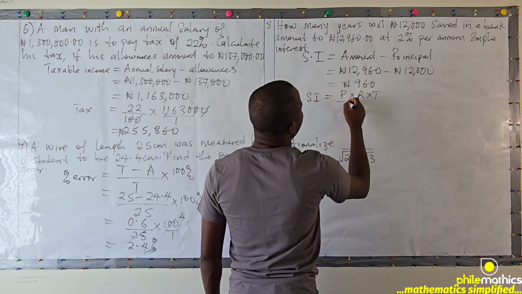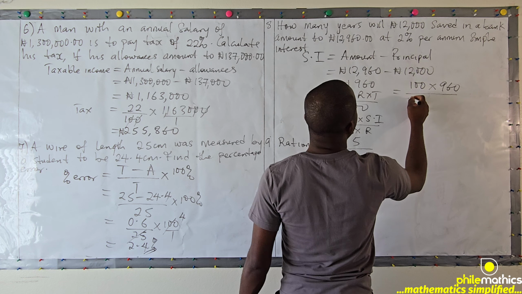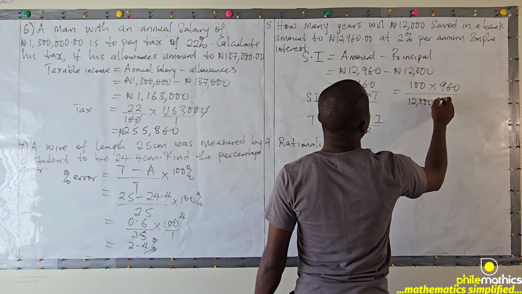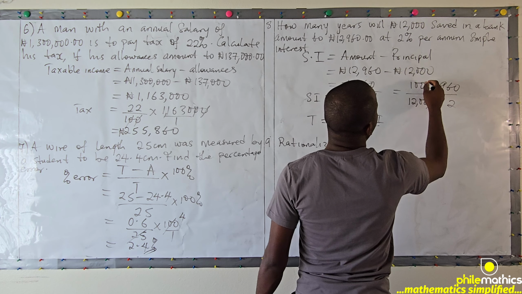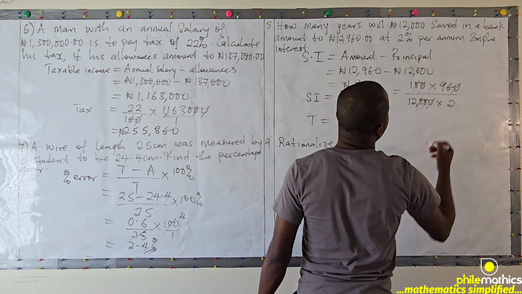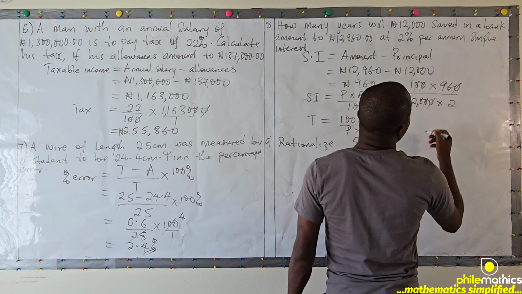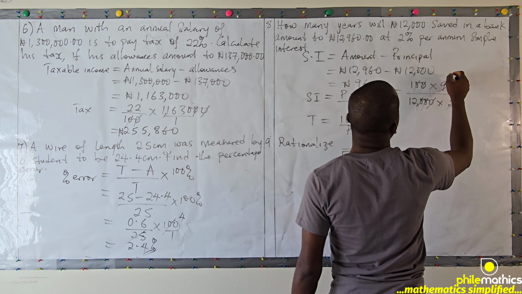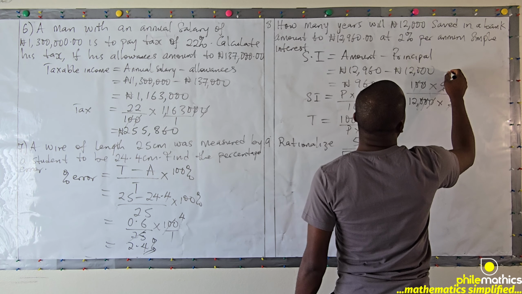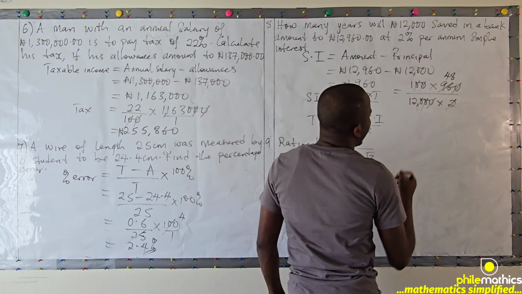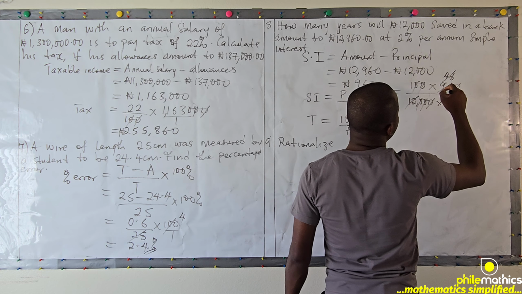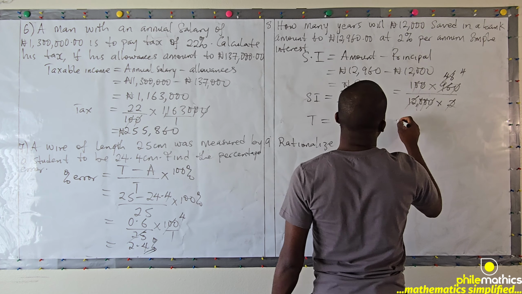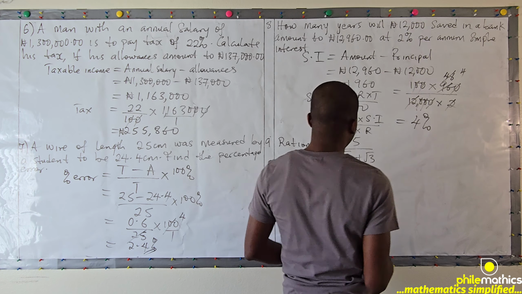This is 100 times the simple interest we have gotten, 960, over the principal 12,000 and rate 2. Zero can cancel zero. 2 can go into 96 as 48, and 12 can go into 48 4 times. So it is simply 4 years.